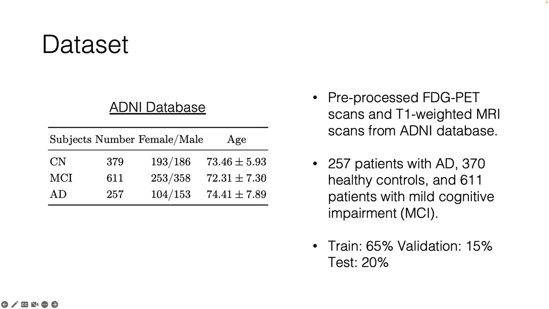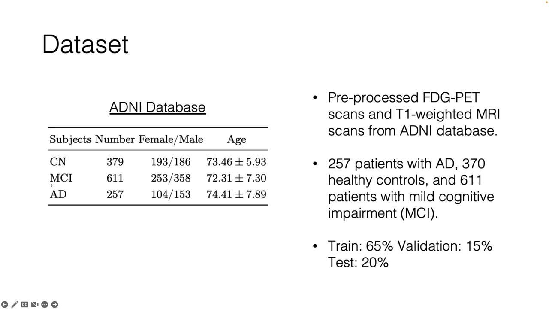The data set that the authors use is from the Alzheimer's Disease Neuroimaging Initiative database. It's pre-processed PET scans and MRI scans from this database. This database has 257 patients with Alzheimer's disease, as well as 379 healthy patients, healthy controls.